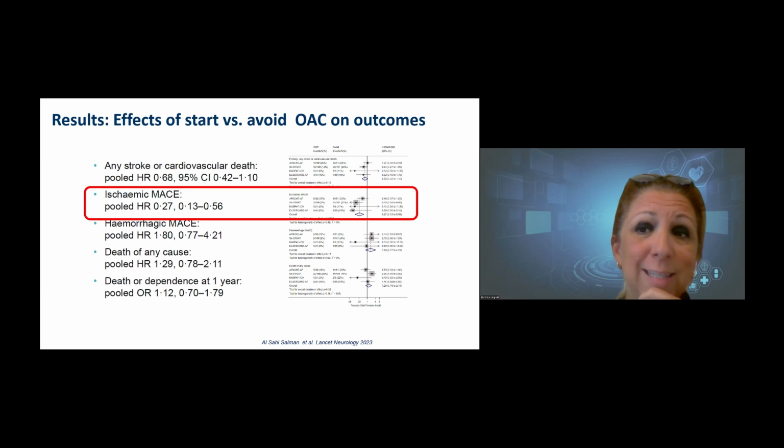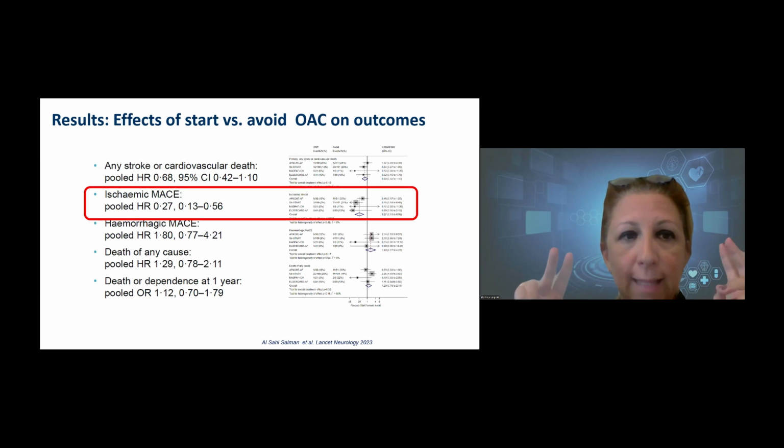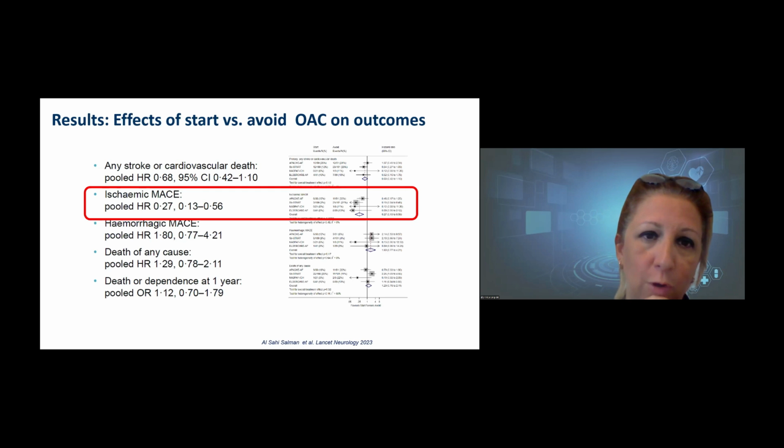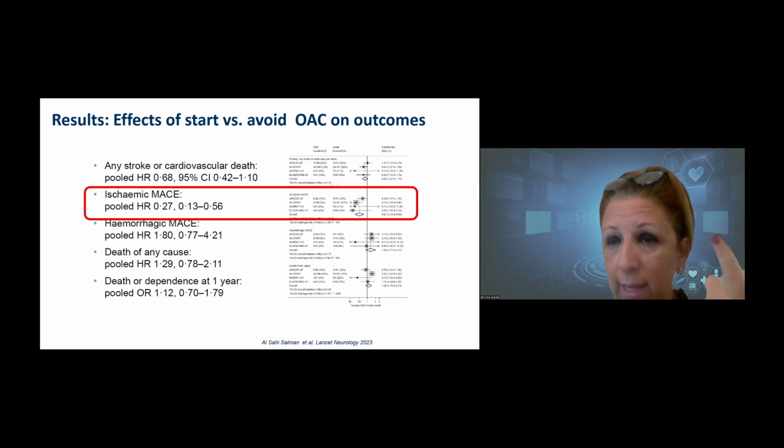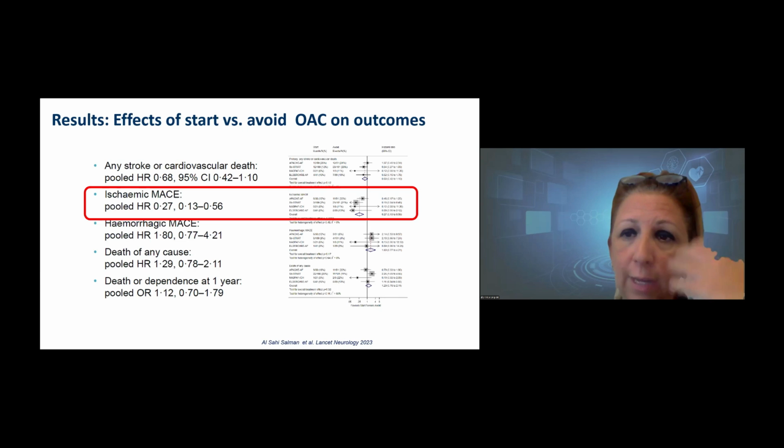However, uncertainty remains about the net clinical benefit with OAC resumption, although these results are encouraging, and of course, they encourage further recruitment into the larger ongoing randomized controlled trials.